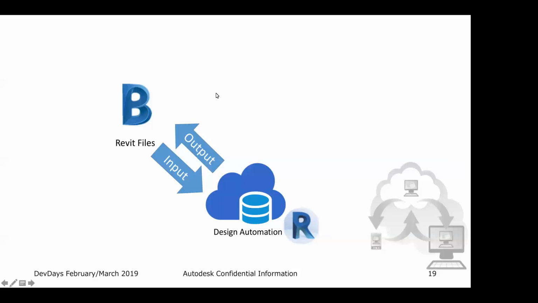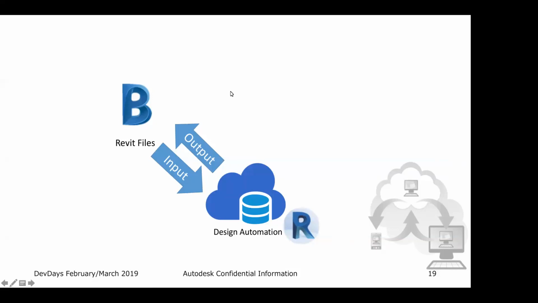And the last one, is it possible to use Design Automation to automatically create IFC files from Revit models? So IFC support is still under development inside Design Automation. But if you really want to just create IFC files, the best way is to use Model Derivative, where you can just upload the RVT and get the IFCs, and you don't have to handle the code yourself.